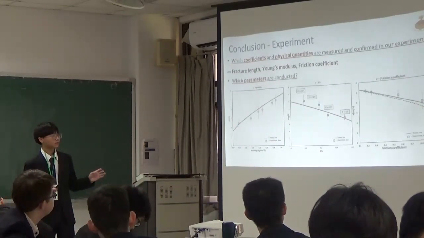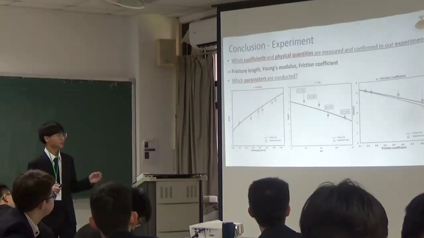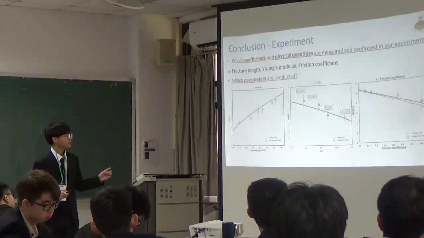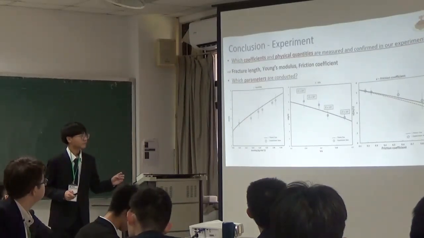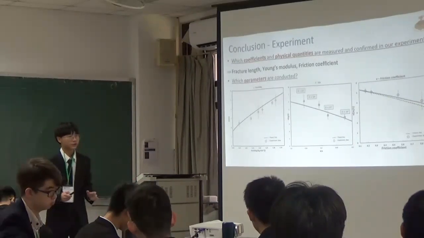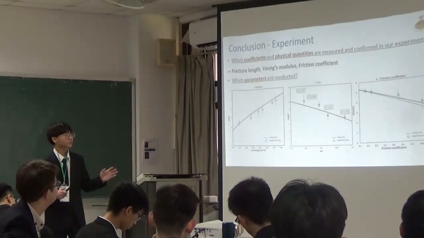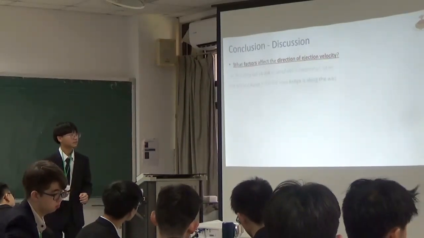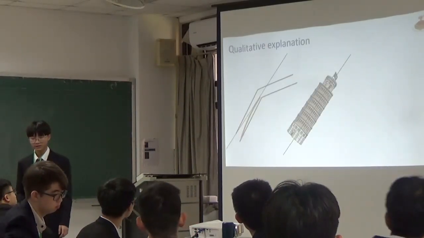We can see the pushing speed is positively related to the velocities, while the bending angles and the friction coefficient are negatively related to the velocities. And this is our presentation.